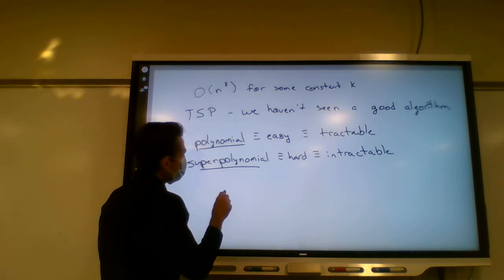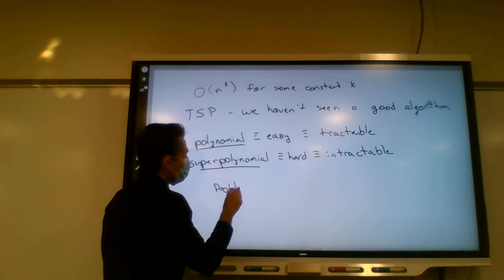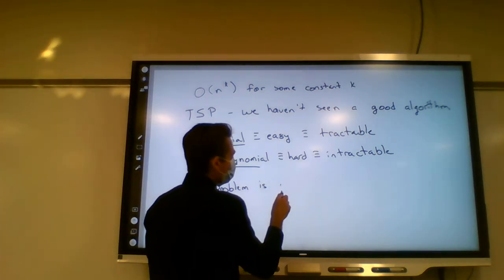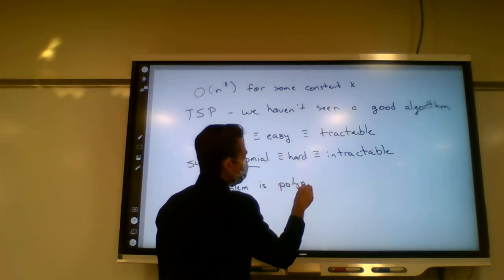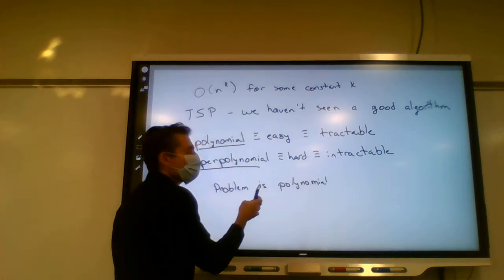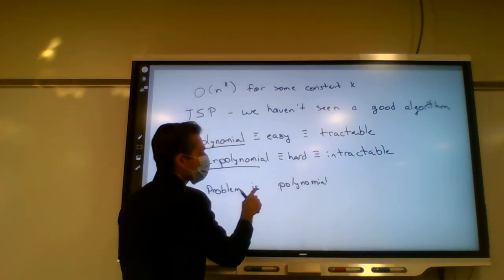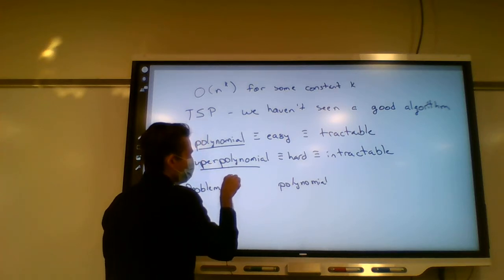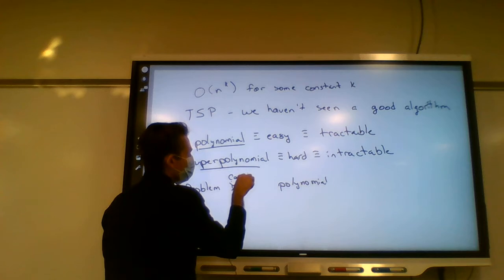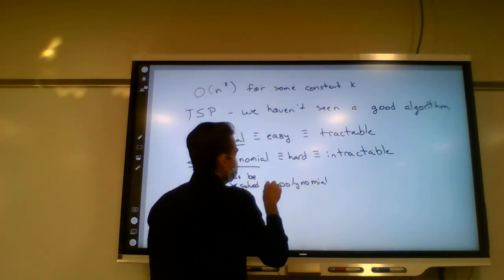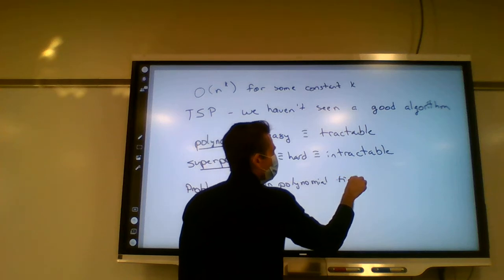So what we're saying, if we say a problem is polynomial, if this is not being very careful, but if we say this particular problem is polynomial, what that means is that it can be solved in polynomial time.